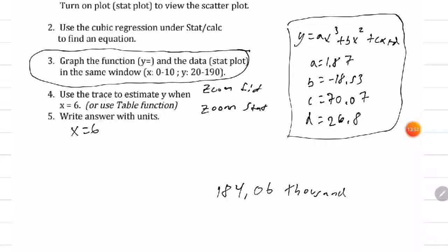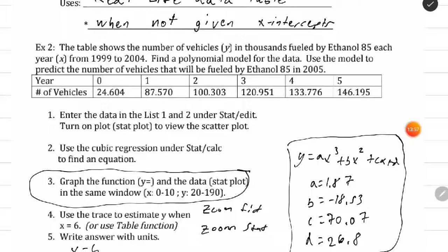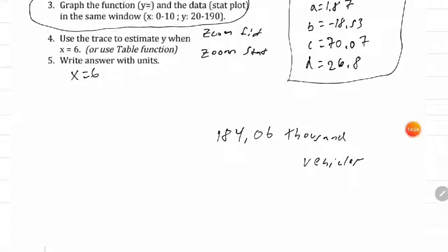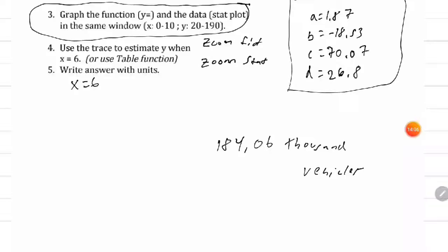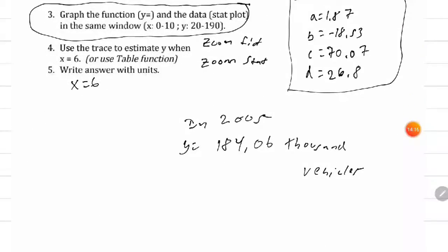Thousand vehicles. I say thousand vehicles because in the original question it says the number of vehicles y in thousands. So this is in 2005. Okay, that's it. Hope it wasn't too confusing.